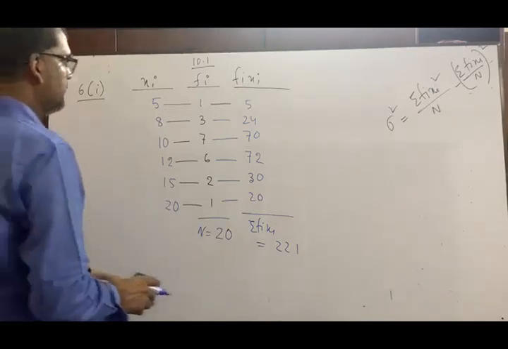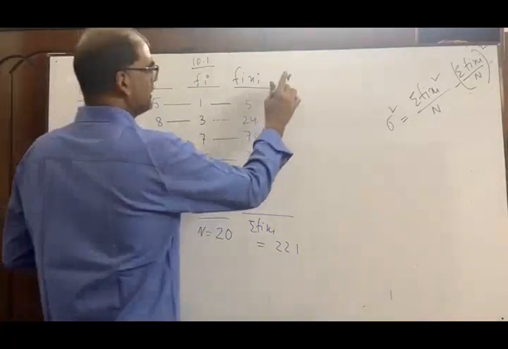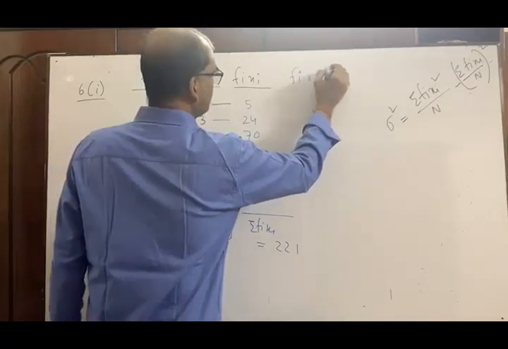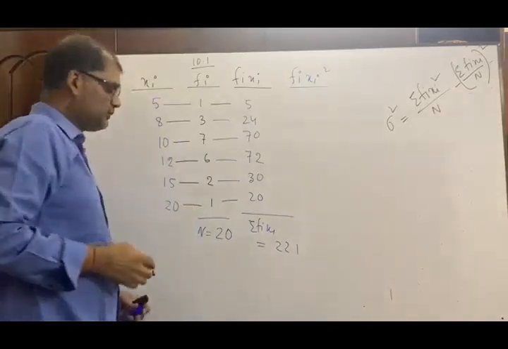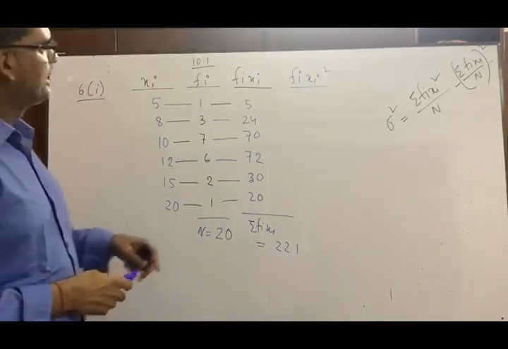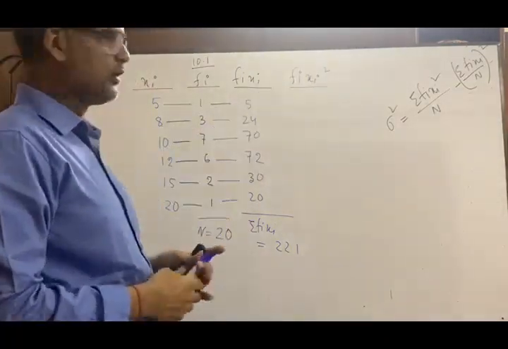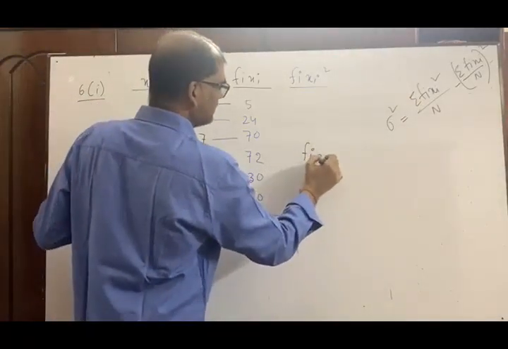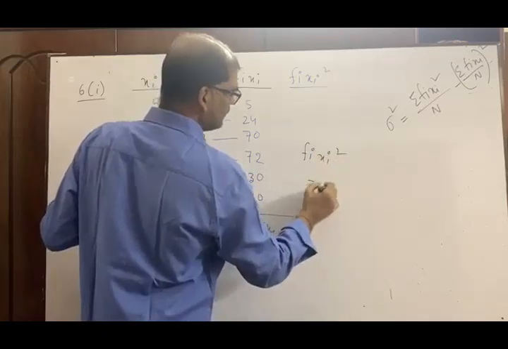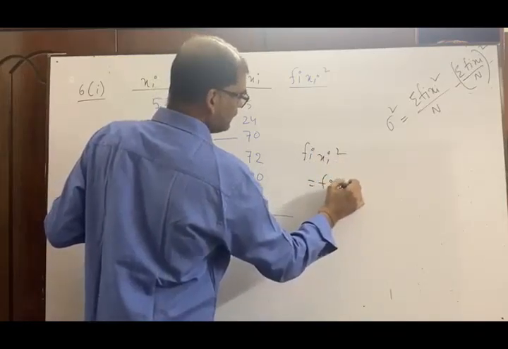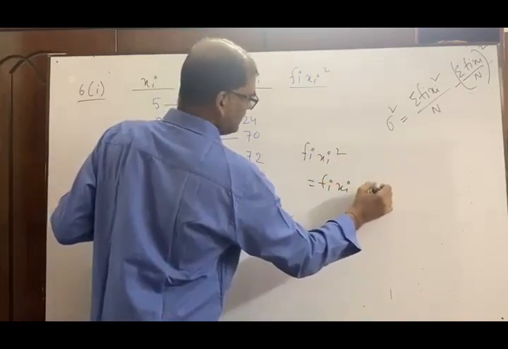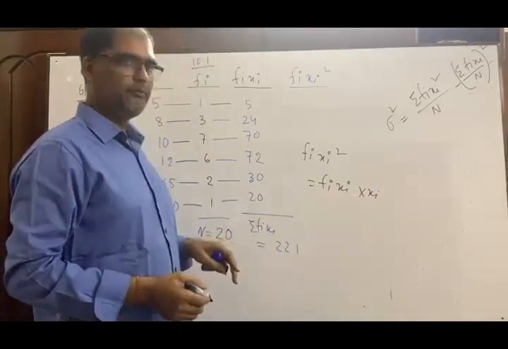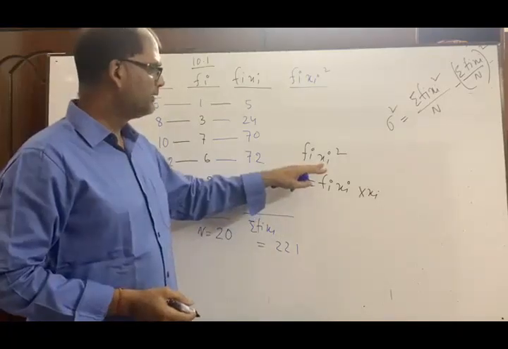Okay, 221. Now you write down fi xi square, and there is confusion among the students. What is meant by fi xi square? Okay, you see, fi xi square can be written as fi xi into xi, right? xi and xi multiplied will be xi square.